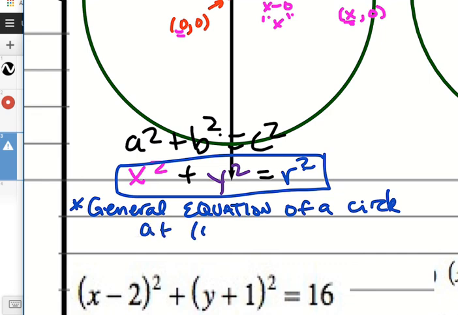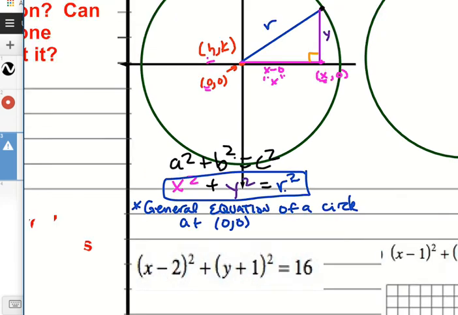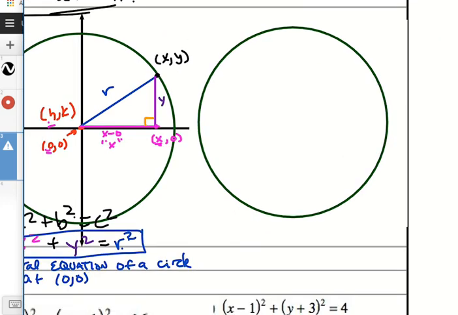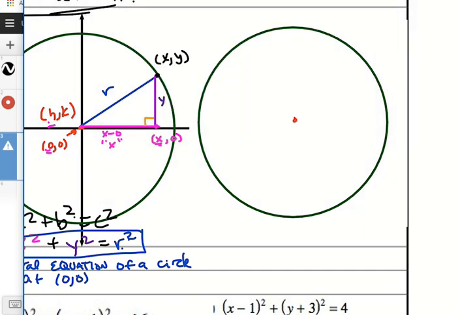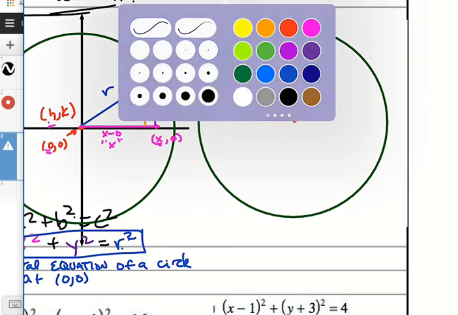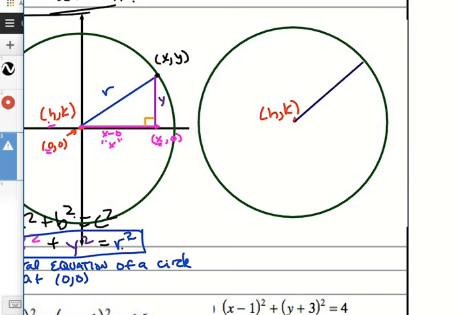Okay, if we're not at the origin, and we just have some center h comma k that's not 0, 0, again, just like before, we can recreate the same exact situation. We still have this radius r, and it still goes to some point on the grid, x comma y.